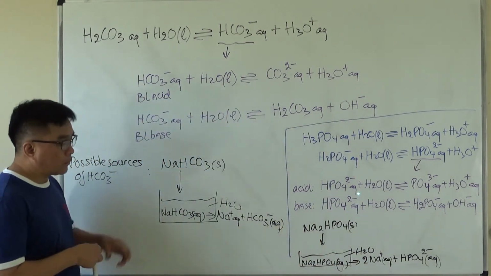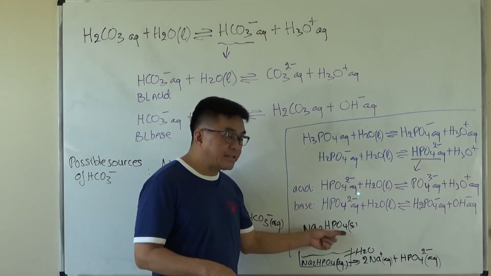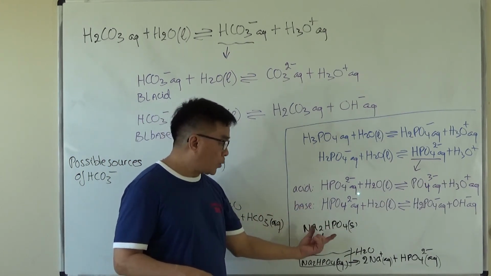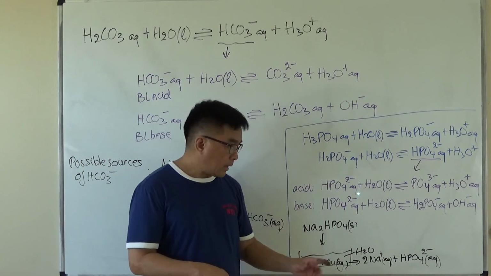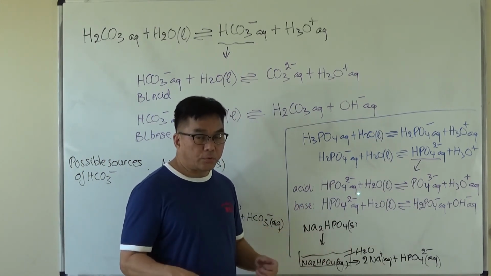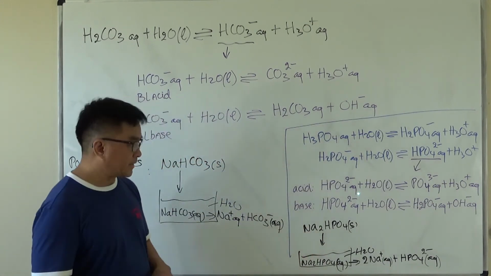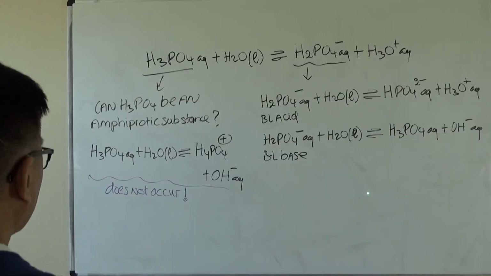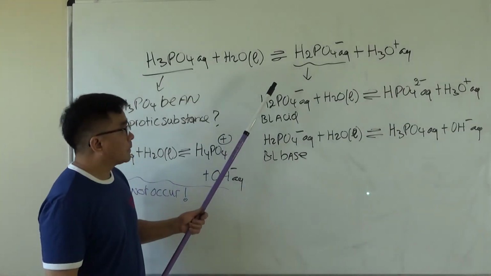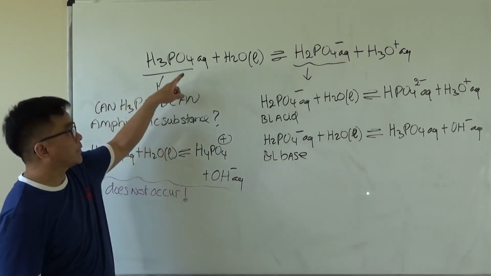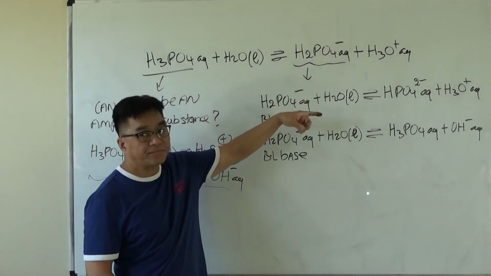Okay, so you have to consider whether a substance is amphiprotic or not by looking at the anions that it produces, and the anion could be a polyprotic anion. So here phosphoric acid releases the first proton to the solution to produce dihydrogen phosphate.